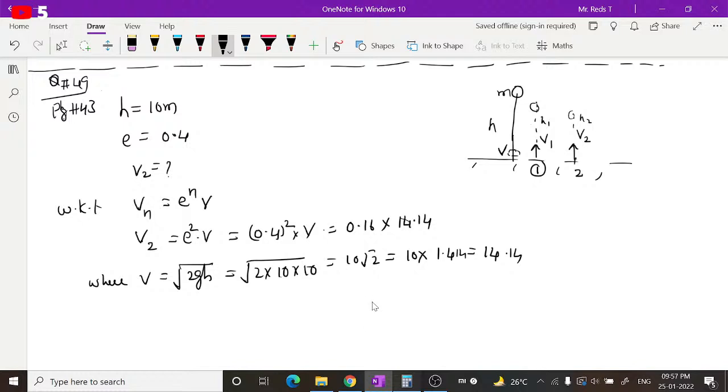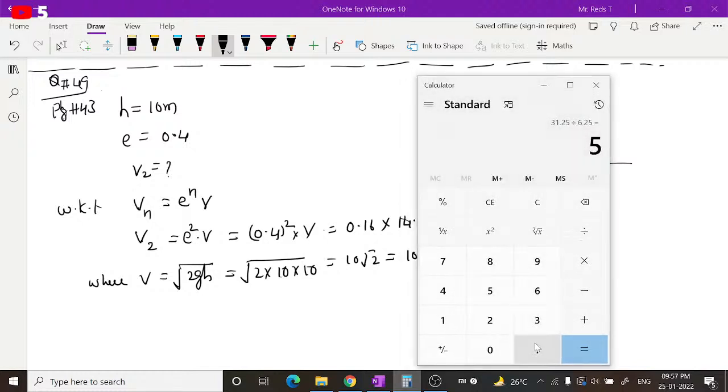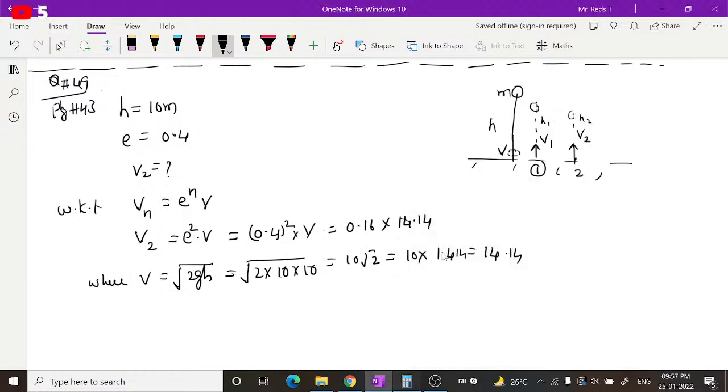Simplify yourself. 0.16 into 14.14 is equal to 2.26 approximately.